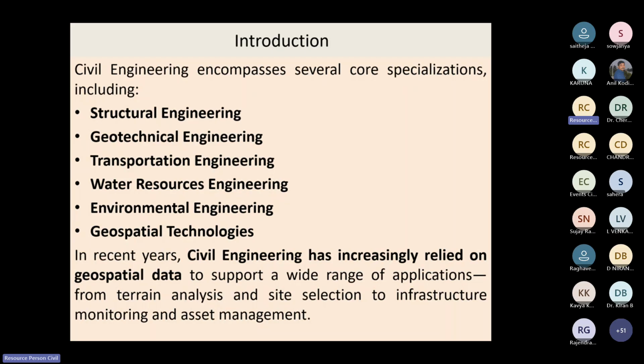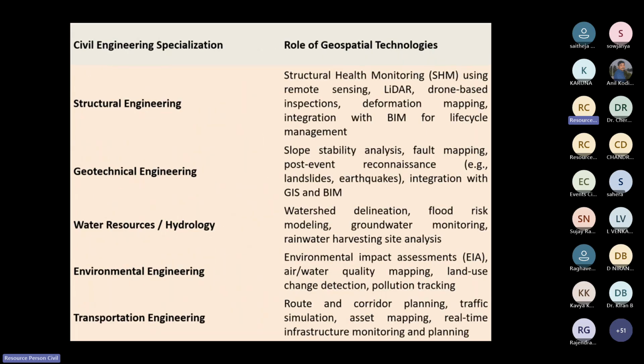But slowly it has been used for transportation applications and geotechnical investigations. And recently, this technology is also playing a vital role in structural health monitoring studies. Mainly remote sensing and GIS technology is playing a vital role in solving the problems.